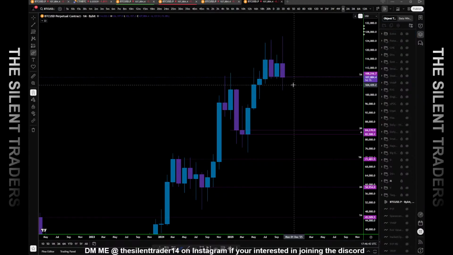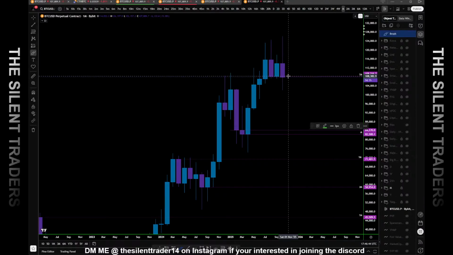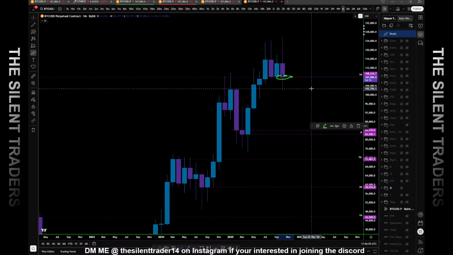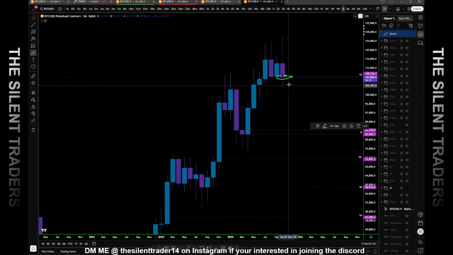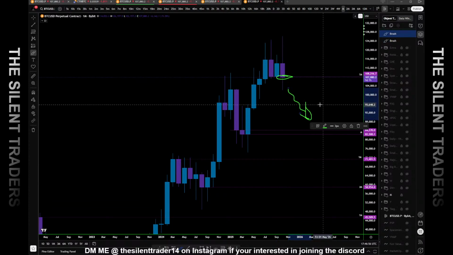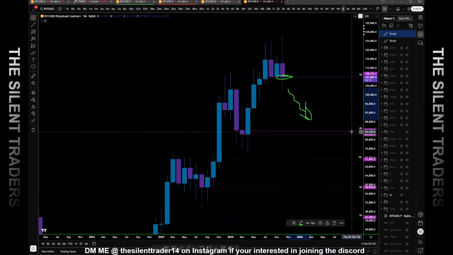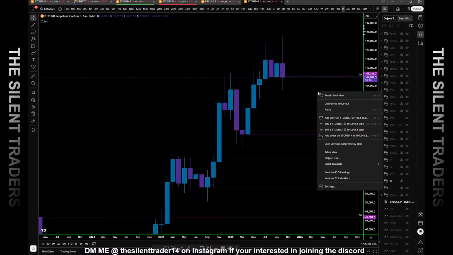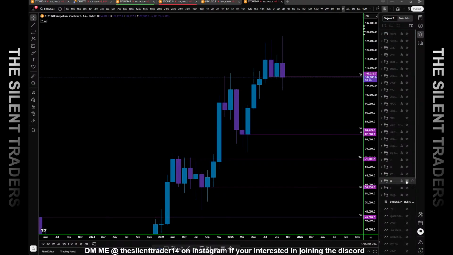I still like to leave it here because if we only wick this level and close above it, that's a bullish sign. So in 9 days, if we close below 108,216, then you could start targeting order blocks below. So there are no new monthly order blocks.